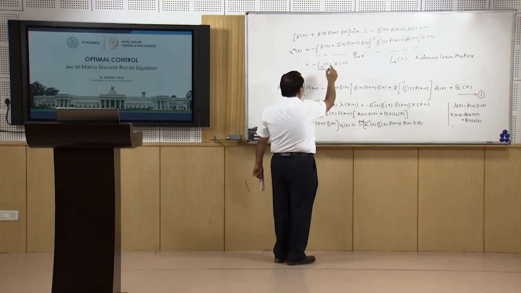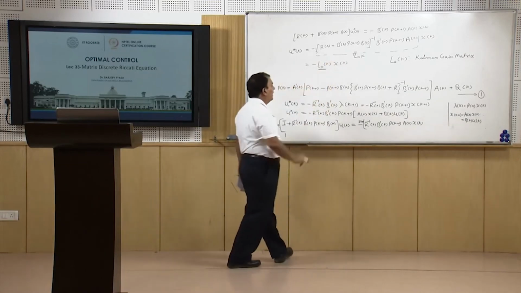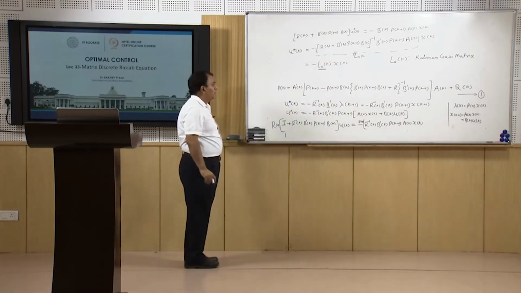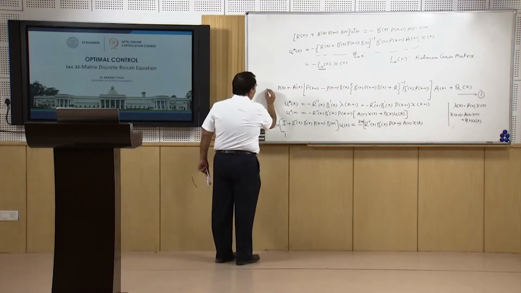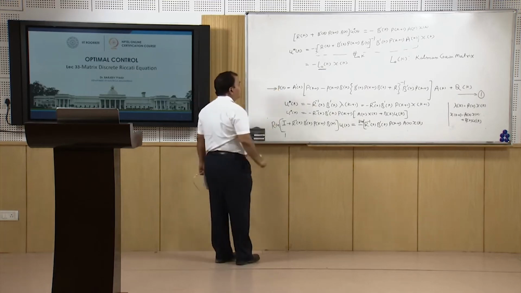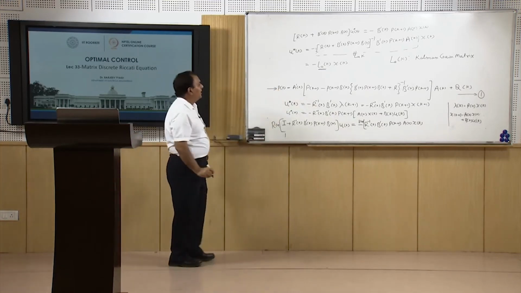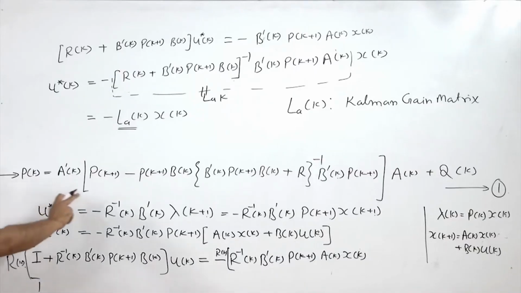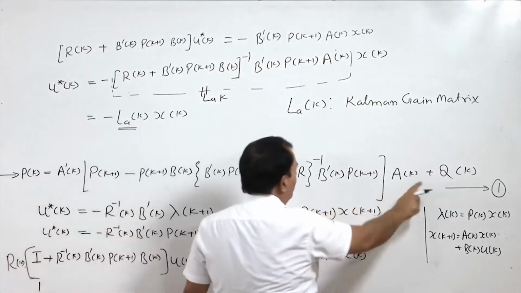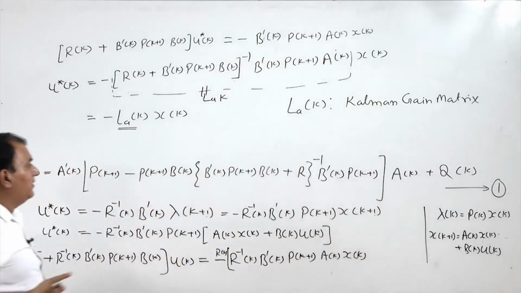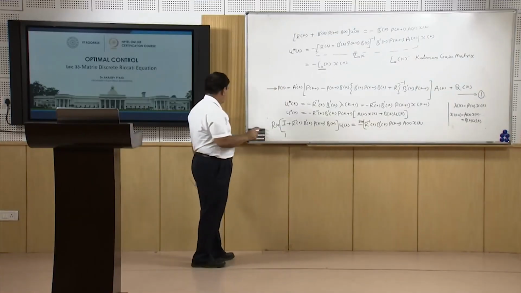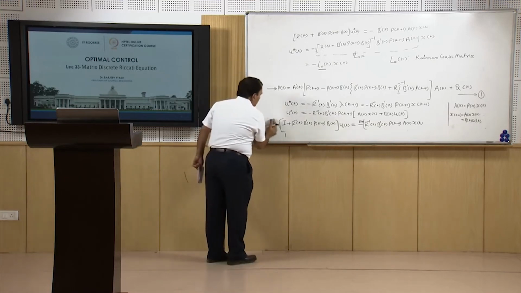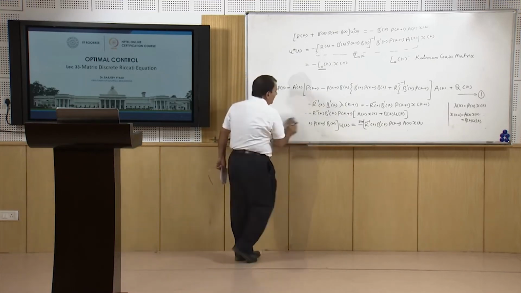So, in this case if this exists, I can directly find the value of L(k). As we have seen, to determine L, I have to solve equation number 1, which is the matrix difference Riccati equation. Now, this P(k) we can also represent in terms of L(k).